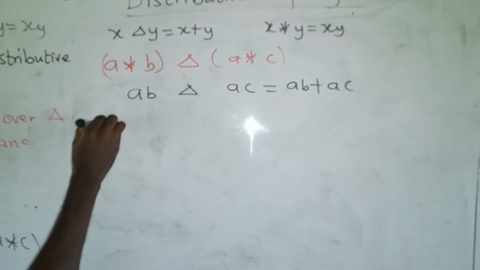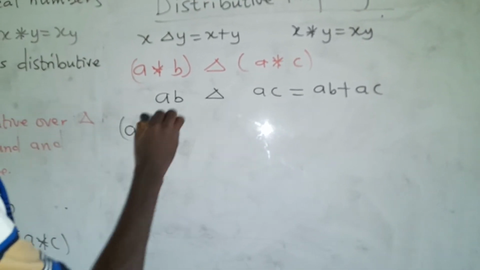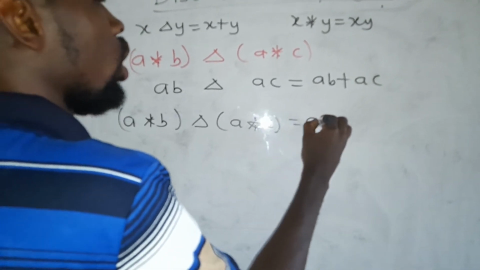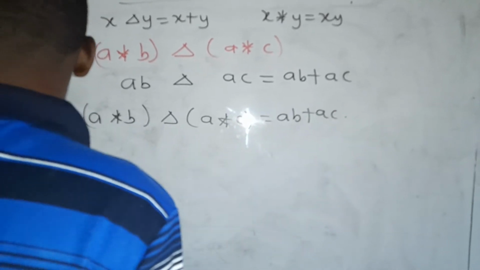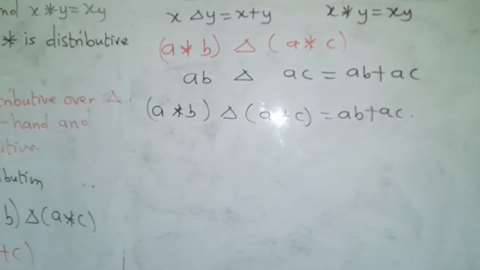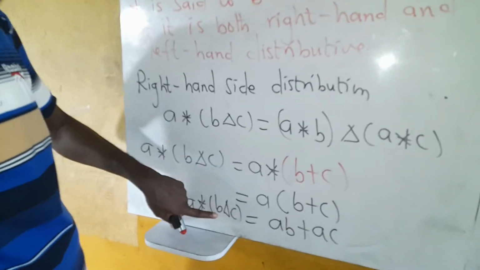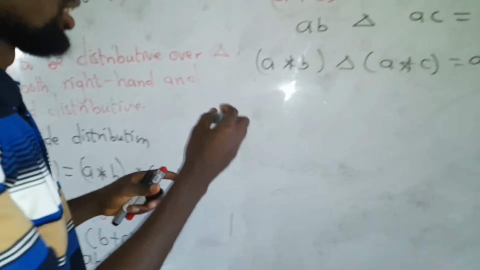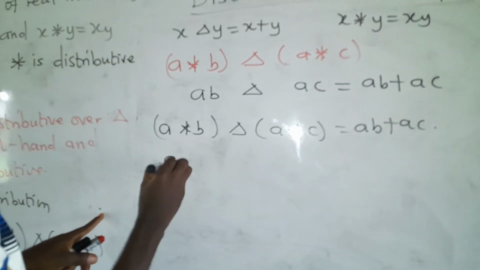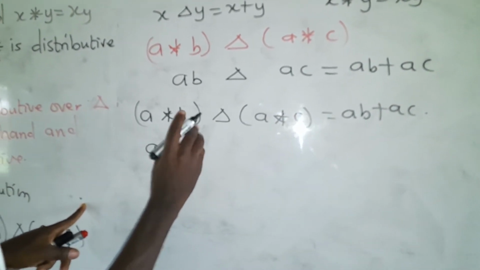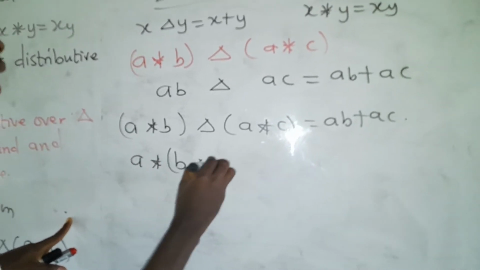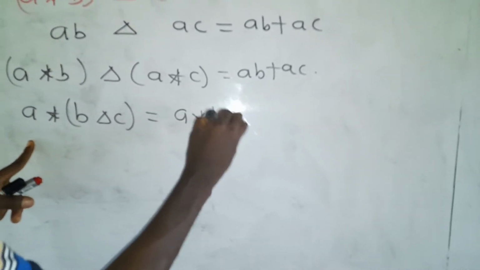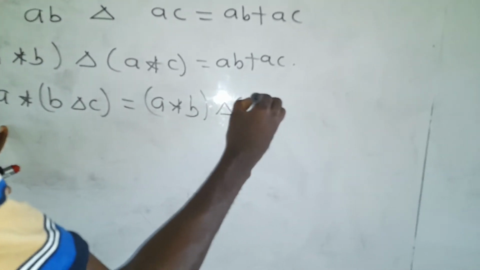So we can say that (A star B) delta (A star C) is equal to AB plus AC. Also, A star (B delta C) is equal to AB plus AC, both sides are the same, then we can say that A star (B delta C) is actually equal to (A star B) delta (A star C).